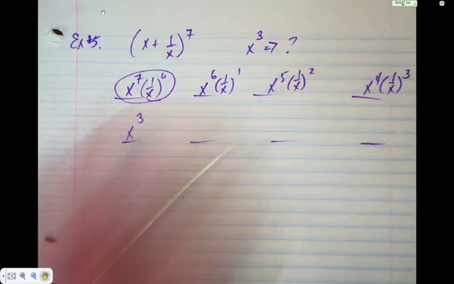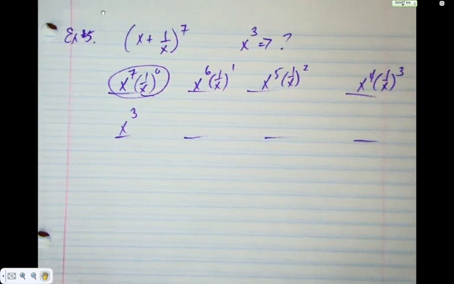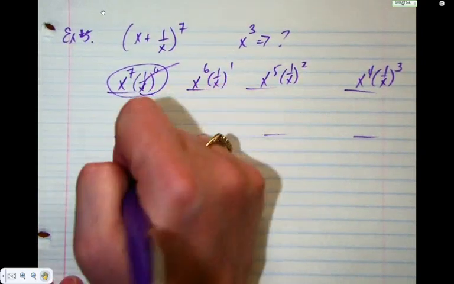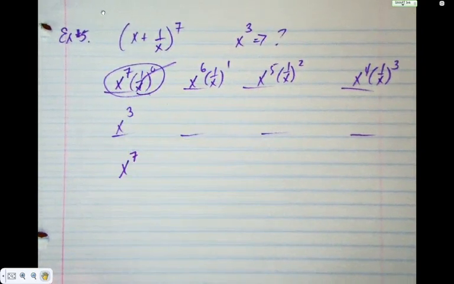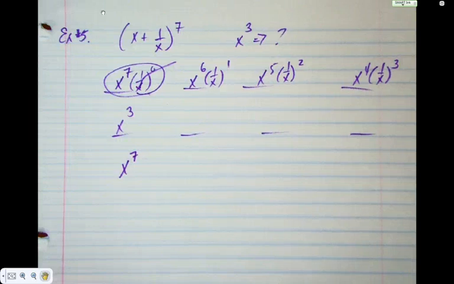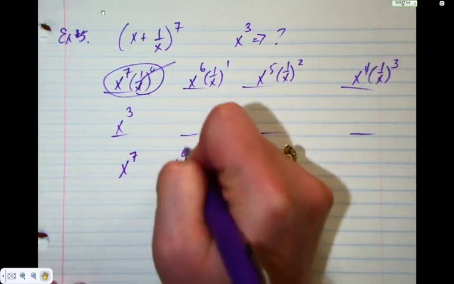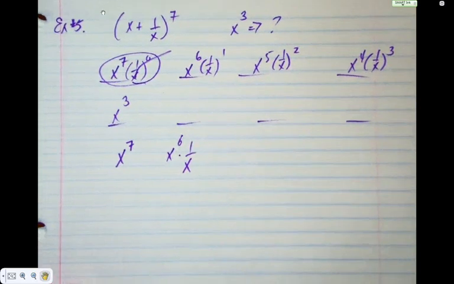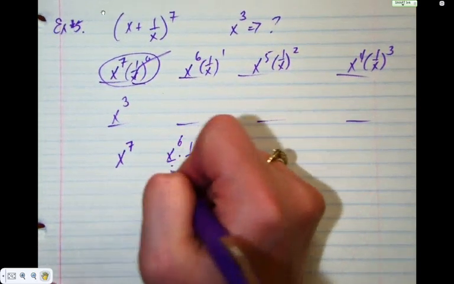Okay, so let's simplify this guy. What's anything to the 0? Okay, so we're left with x to the 7. Term 2, we're going to have x to the 6 times 1 over x. And this is just multiplying fractions, so imaginary 1 on the bottom.